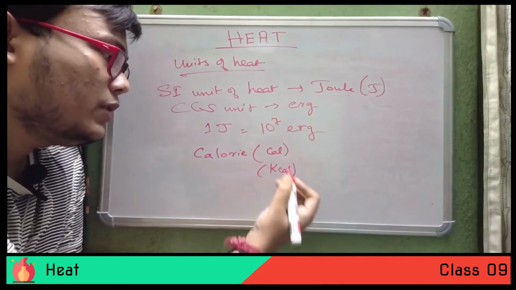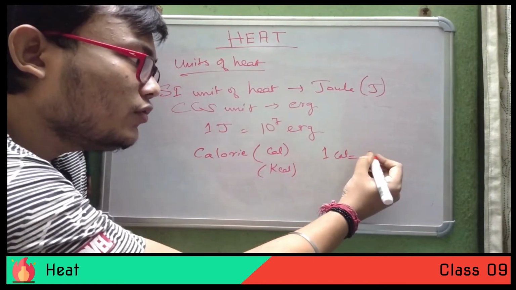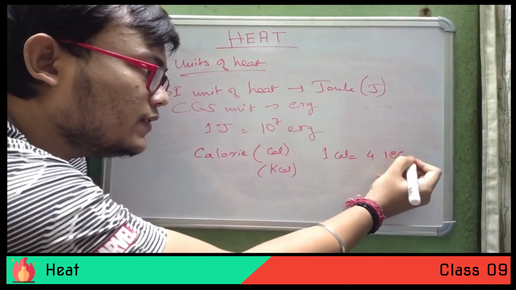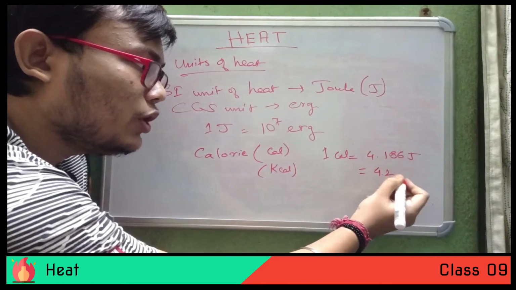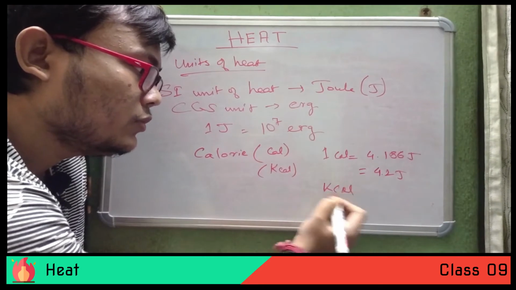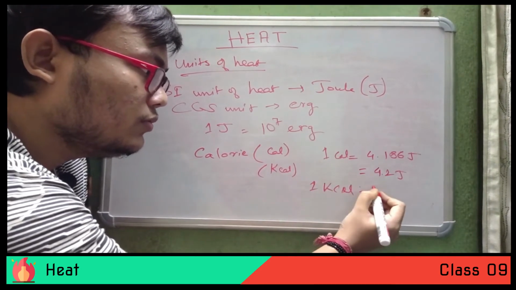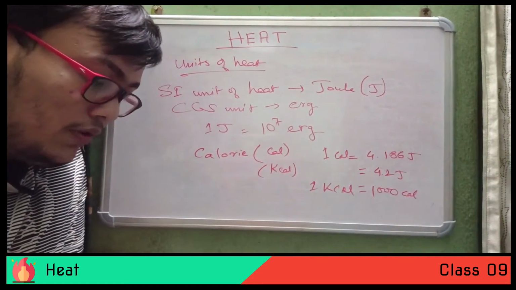The relationship between a calorie and joule is 1 calorie equals 4.186 joule, which is almost equivalent to 4.2 joule, and 1 kilocalorie equals 1000 calories.